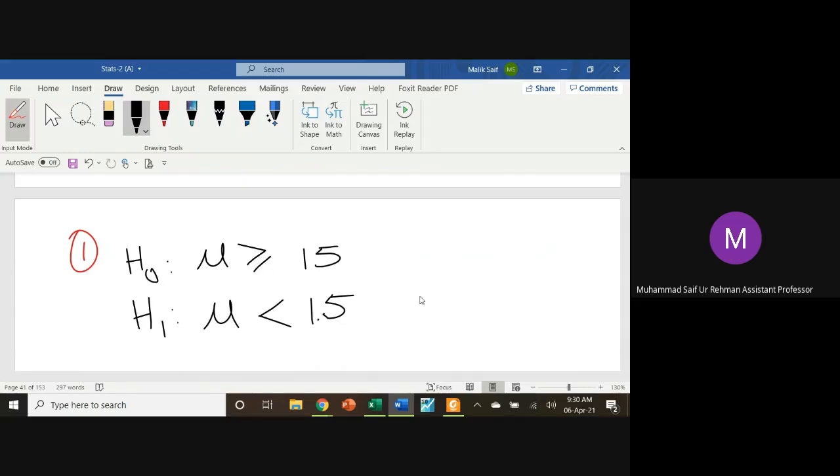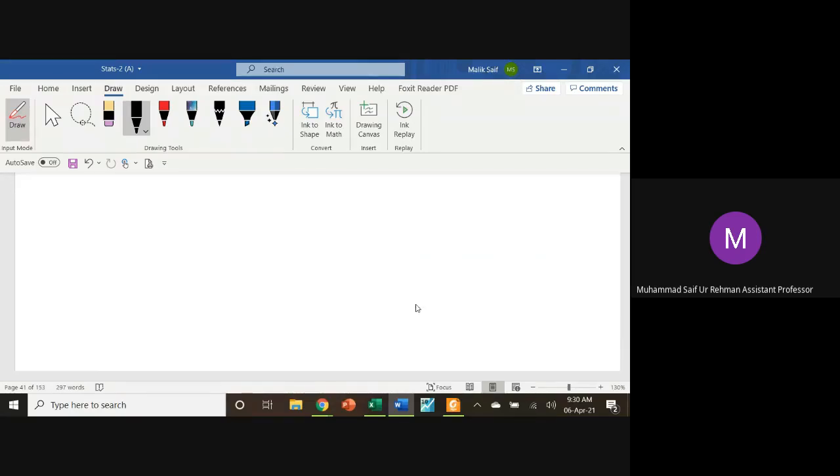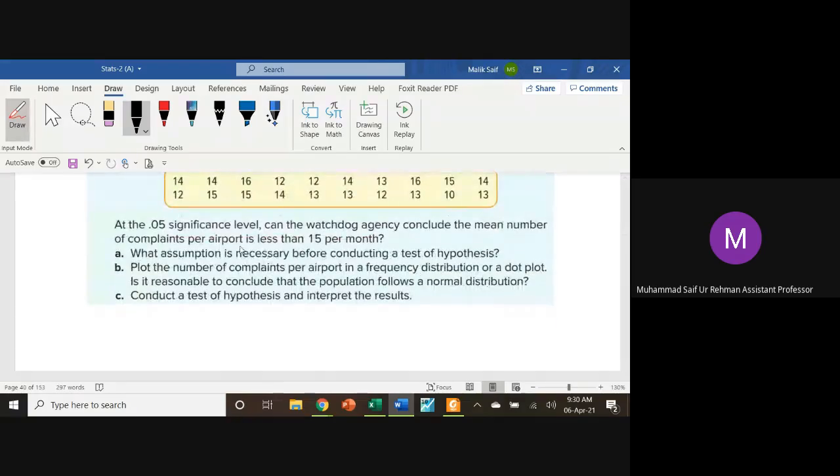You are familiar with less than and greater than or equal to, so it would be better if I solve this question for the situation where I am not interested in knowing whether the number of complaints on average is less than 15 per month, but whether the number of complaints is different from 15 per month. So I am rephrasing the question, and I shall solve it accordingly.